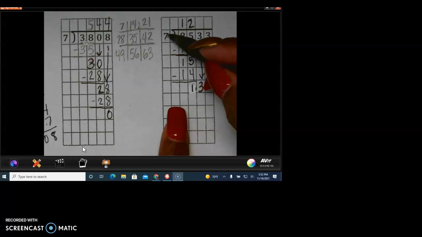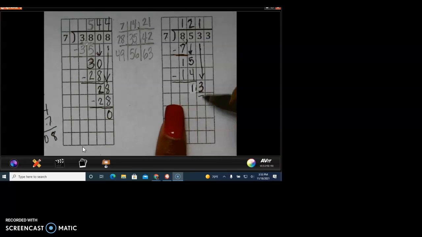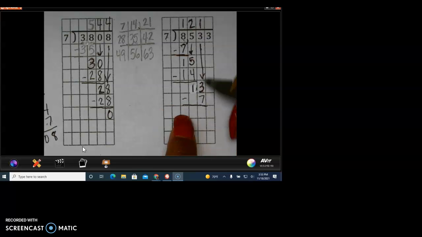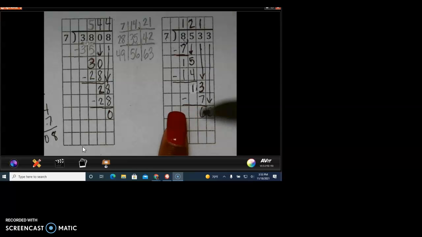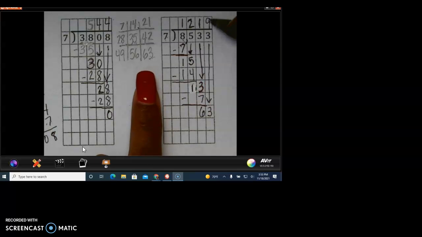So 7 can go into 13. It can go one time without going over. 14 is too high. So 1 times 7 is 7. I subtract that, I'm left with 6. I know that because 6 plus 7 is 13. I bring down the last 3. 7 can go into 63 9 times. 9 times 7 is 63.